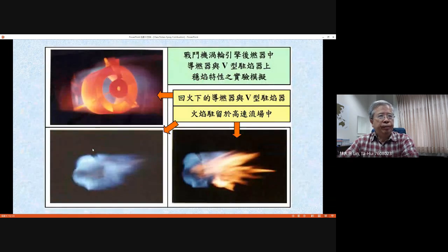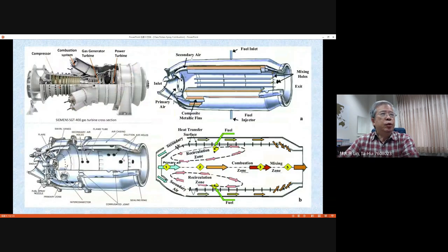Now we move to the stationary gas turbine for electricity generation. You can see these figures tell you it still has the same structure. They have a compressor in the upstream side. Then they have several combustors arranged in this arrangement. You can see there are at least 4 to 5 or 6 combustors.